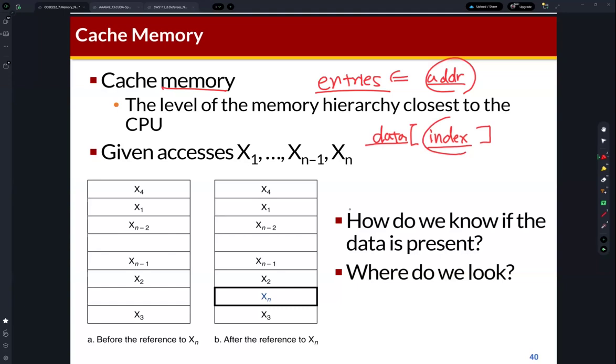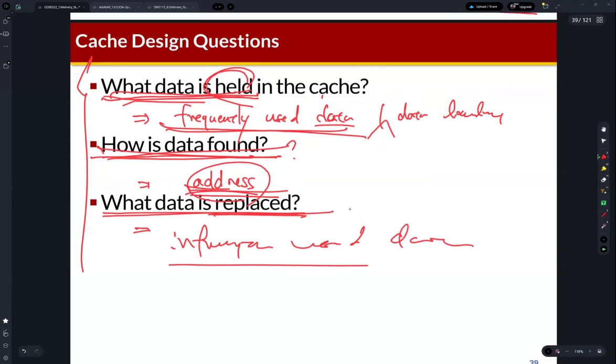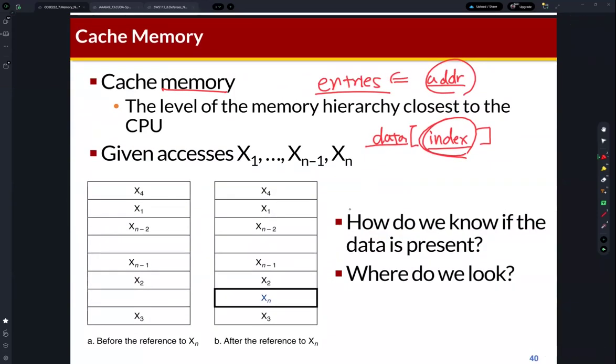It is because, how is the data found? We need to use the address of data, right? So in order to distinguish the address of data and the address of cache, when we mention the address of cache, then we use indexes, okay?